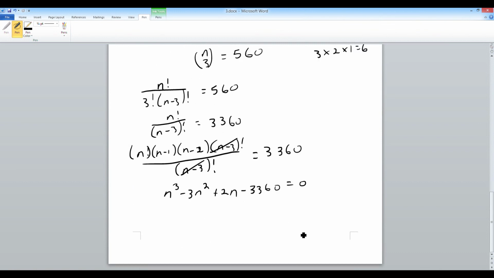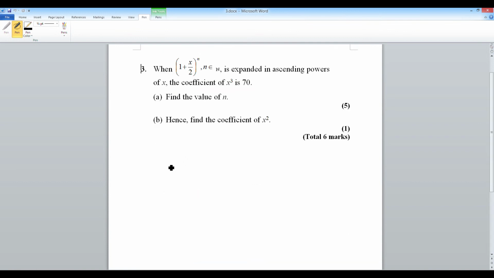And now I can solve this cubic, and if I solve this cubic, I will find that n is equal to 16. Of course, this is a very large number, so you can solve this on your equation editor on your calculator. So for part A, we have found that n is equal to 16.